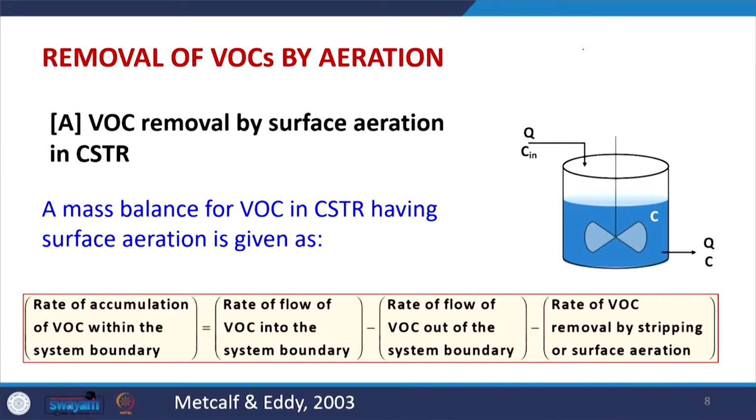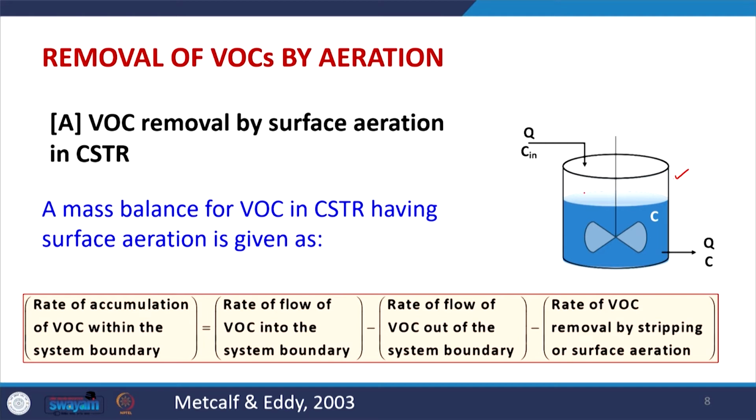So, suppose we have to remove VOCs by aeration. We have some VOCs present in the water, and that water has to be treated. What we are assuming is that we will be making a batch type, a CSTR type of unit. CSTR type of unit means that continuous stirring is going on, and through that the aeration is happening.